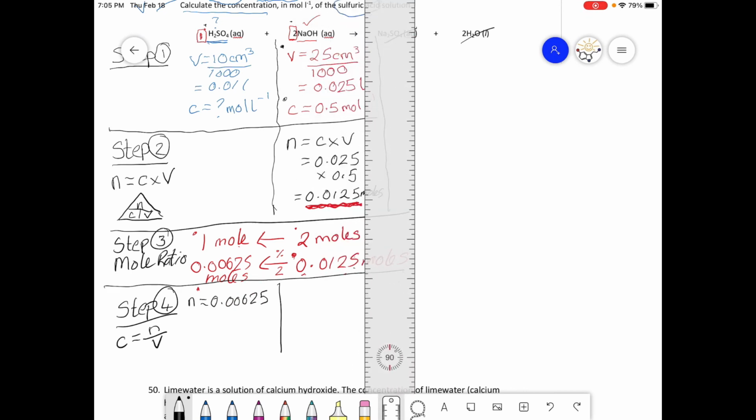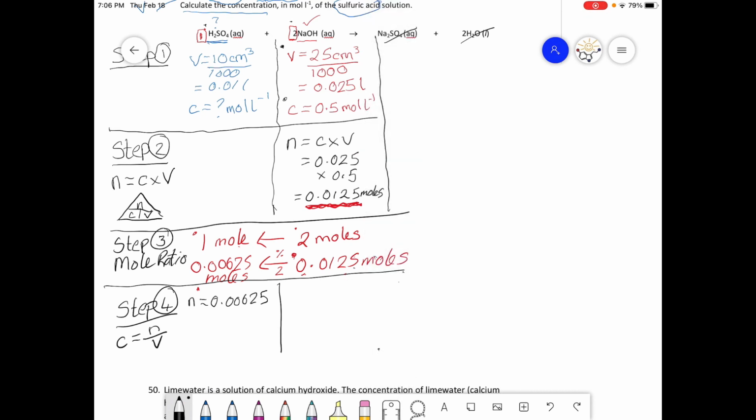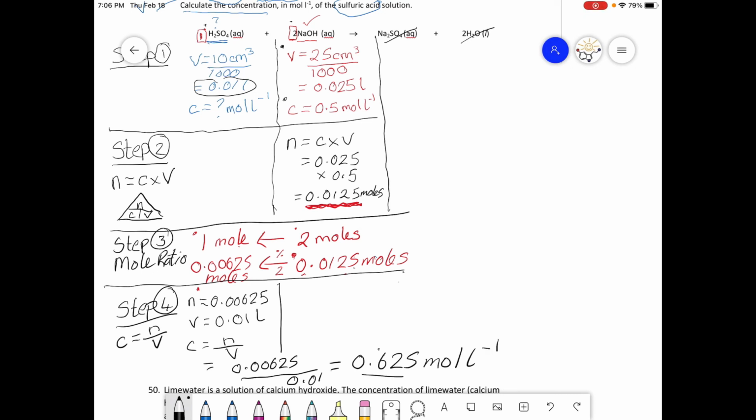If we look further up the column, we've got a volume. The volume is 0.01 litres. So c is n over v. So it's 0.00625 divided by 0.01, which is 0.625 moles per litre. And that's our final answer.